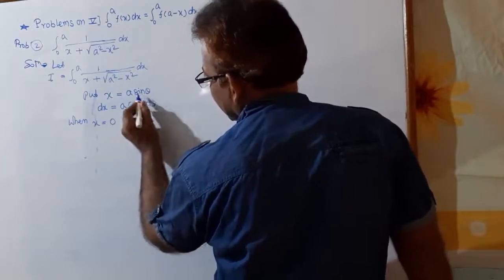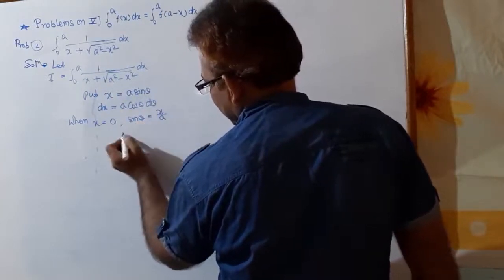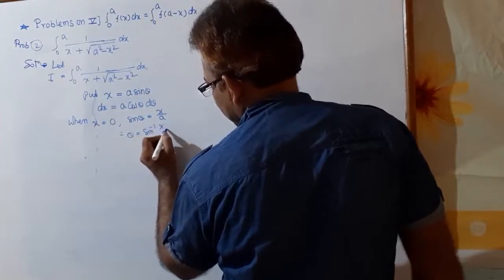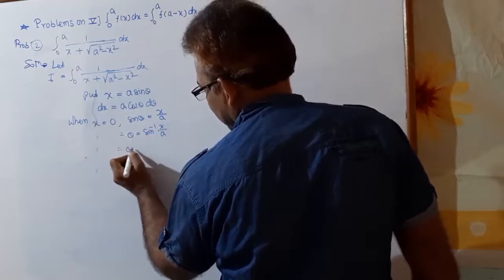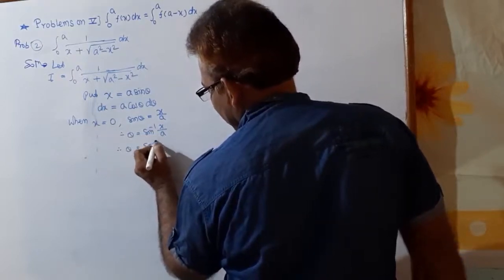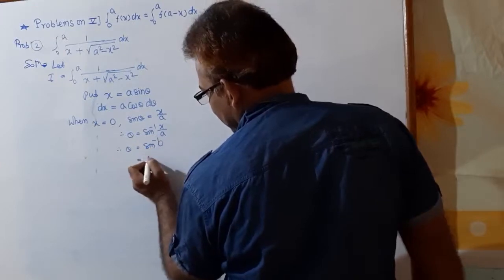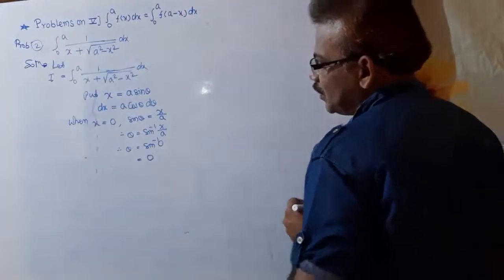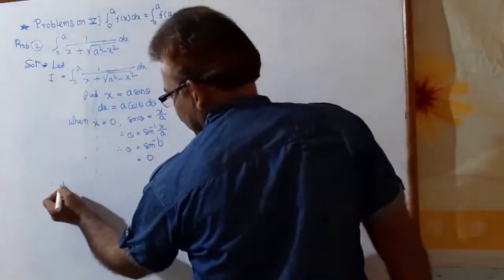Sin theta is x divided by a, so theta is sin inverse of x divided by a. When x equals 0, theta equals sin inverse 0, which is 0, because sin 0 is 0.